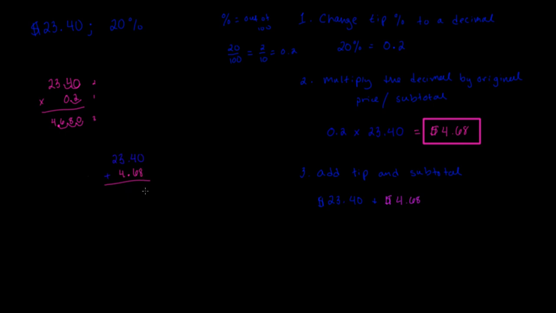We got 0 plus 8, that just gives us 8. 4 plus 6 will give us a 10. We're going to carry that 1. Our decimal point just drops down. 1 plus 3 is 4, plus 4 is 8. And then 2 plus nothing is just 2. So our final bill is going to be $28.08.